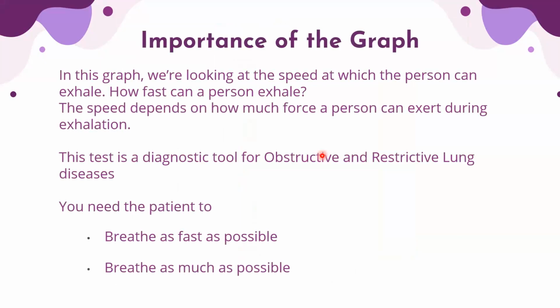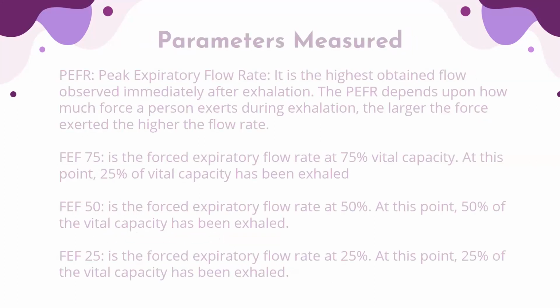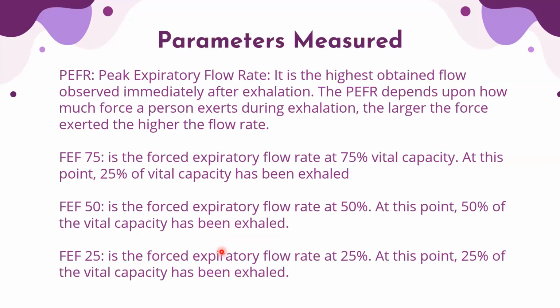So when you're carrying out this test, you need the patient to breathe out as fast as possible and as maximally as possible. We talked about these parameters: FEF 75, forced expiratory flow rate at 75% vital capacity, where 25% of vital capacity has been exhaled. At FEF 50, 50% has been exhaled, and at FEF 25, 75% has been exhaled and 25% is remaining.